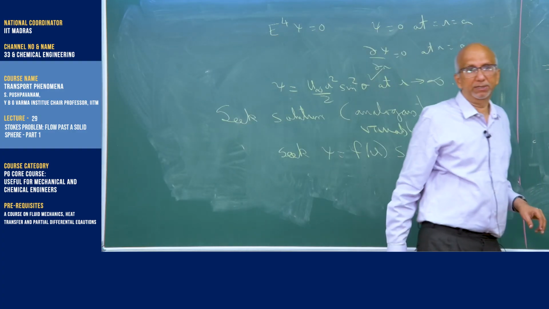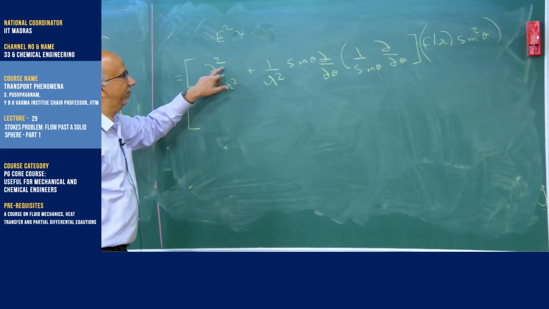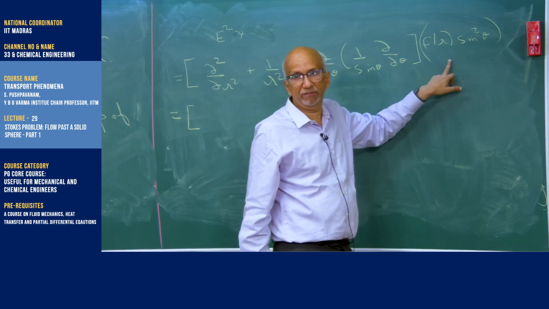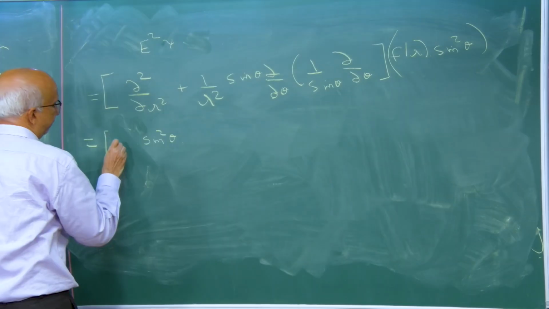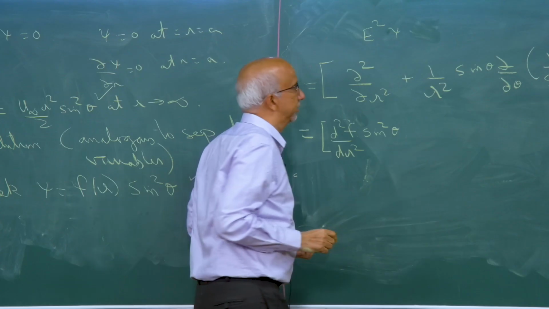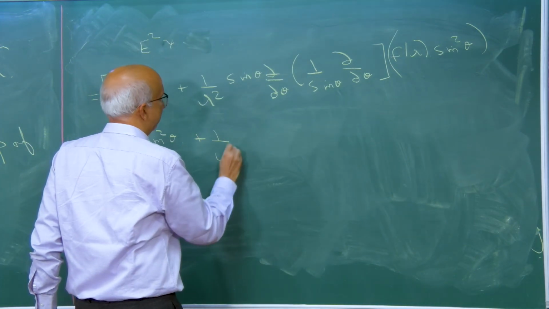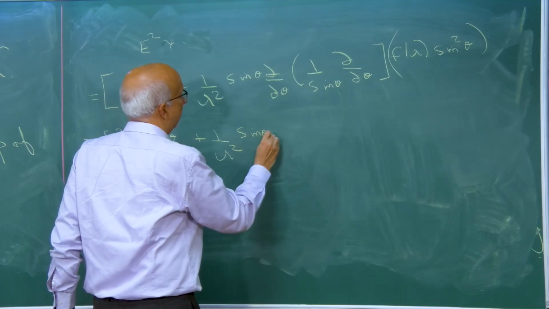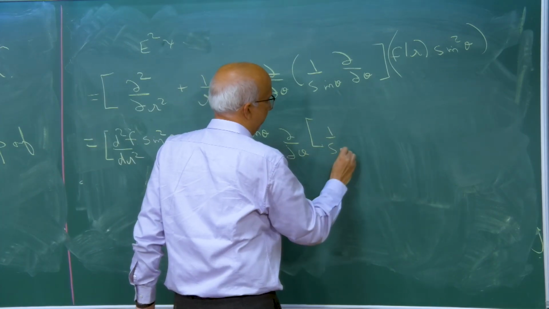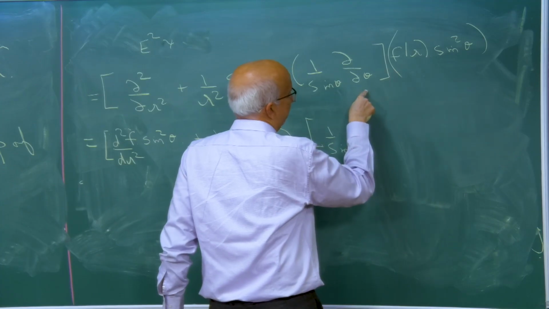And how do you calculate this? I calculate this as the second derivative with respect to r of f. So, this will be d squared f by dr squared sin squared theta plus 1 by r squared sin theta times d by d theta of 1 by sin theta, and f is coming, I am differentiating with respect to theta.